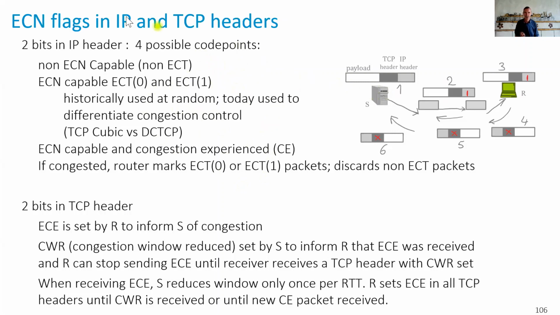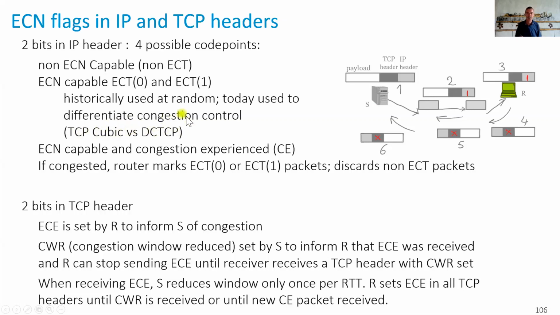So ECN is supported by a combination of bits in the IP header and in the TCP header, where the bits in the IP header are used to convey the information whether we support ECN. And as we will see, there are multiple versions that support ECN. There is TCP Reno or Cubic, both in the same way they support ECN.